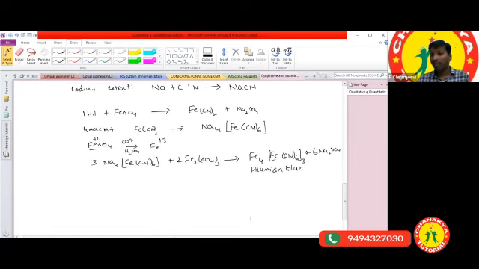In 12th we have coordination compounds, where you will get the IUPAC nomenclature of complexes. So what is the IUPAC name of the compound here? Iron(III) hexacyanoferrate.